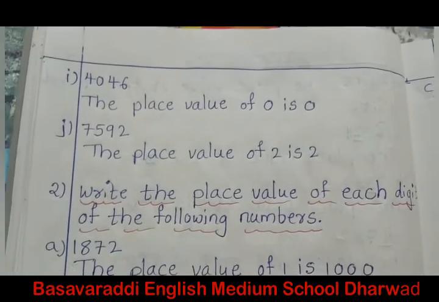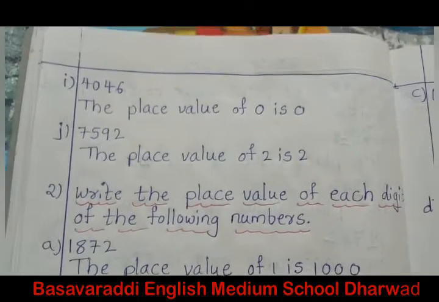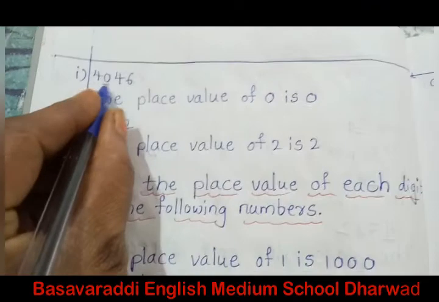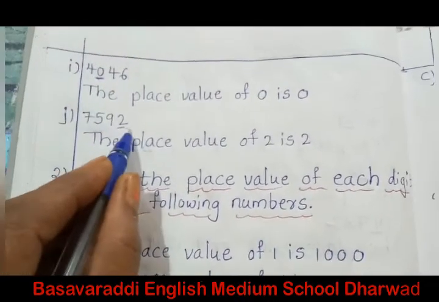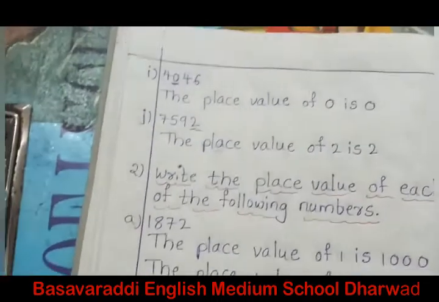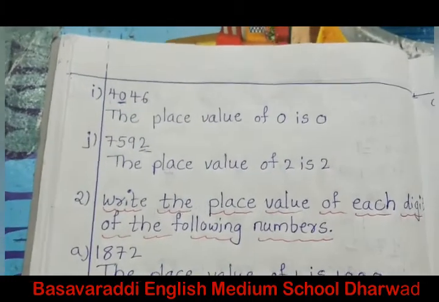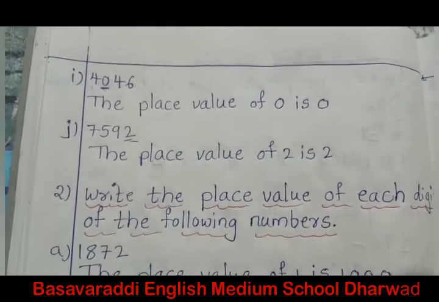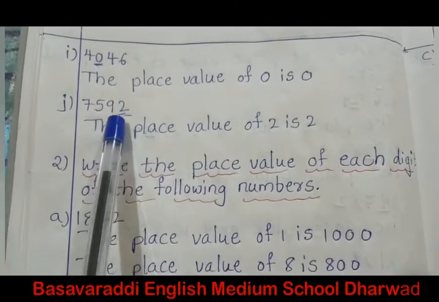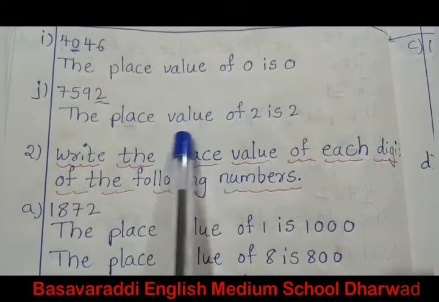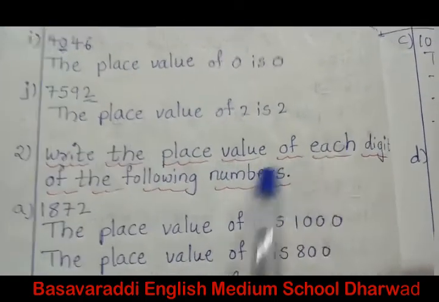That is 0. The place value of 0 is 0, nothing. J1, 7592. They are underlining the 2, so that is the ones place. The place value of 2 is 2.